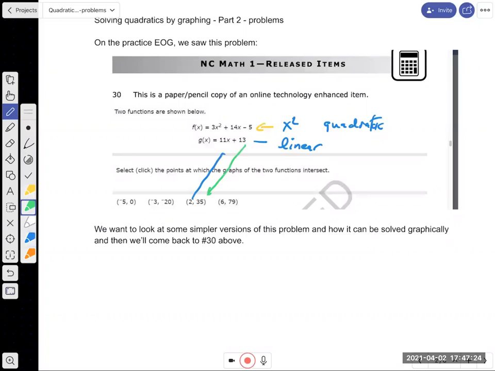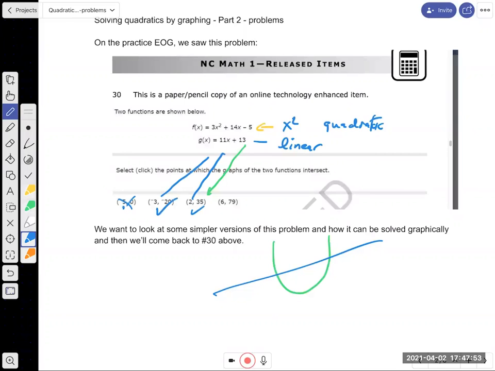And then when you think about it, you think, well, I've got a parabola type shape and I've got a line shape, so there's probably 2. So then you try the other ones. And when you put in -5, that doesn't work in the other one. You put in a -3 and you get -33 plus 13 is -20, and you find out that one works. So these two both work. They're 2 points that work in the g of x and the other one doesn't.